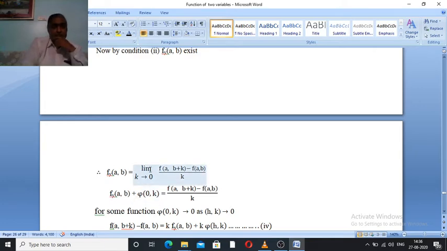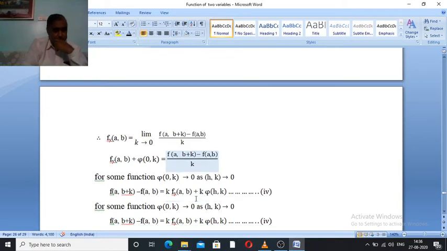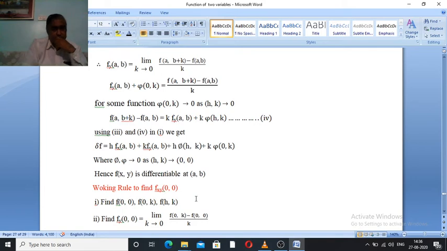Therefore, without limit, we write like this: f_y(a, b) + ψ(0,k) is equal to f(a, b + k) − f(a, b) upon k, for some function ψ(0,k) tends to 0 as (h,k) tends to (0,0).